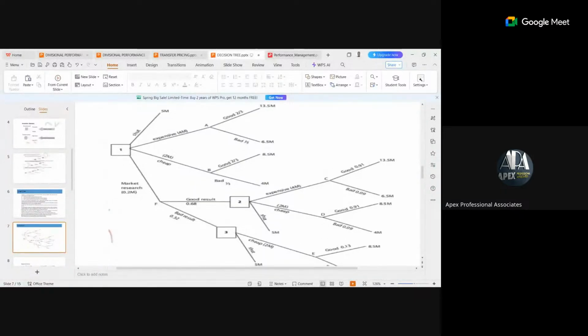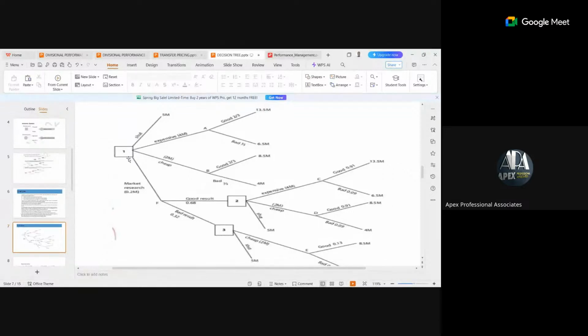You see, the first point of decision is numbered 1. What are the various decisions we have to make? Shut down, expensive refurbishment, cheap refurbishment, market research.